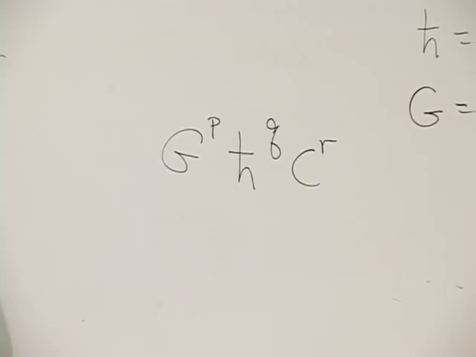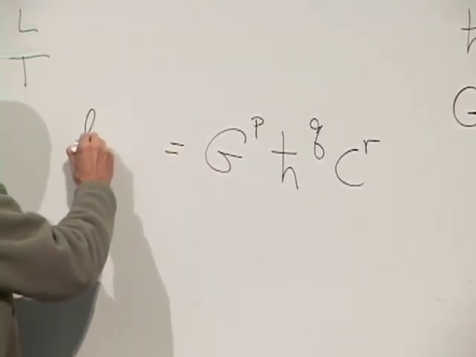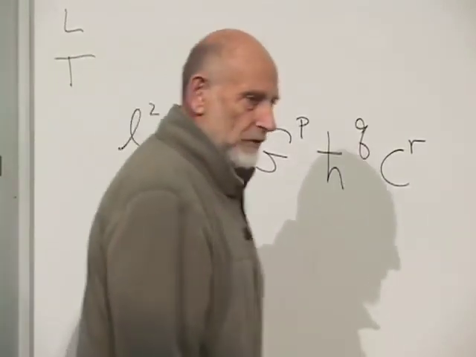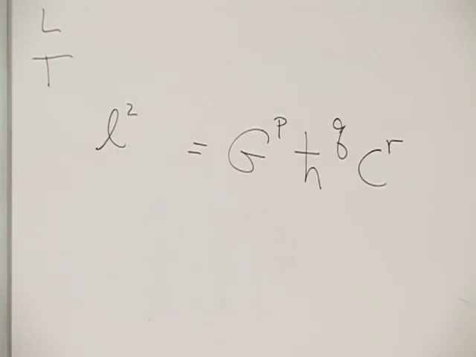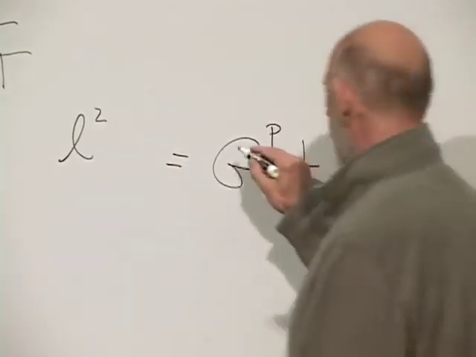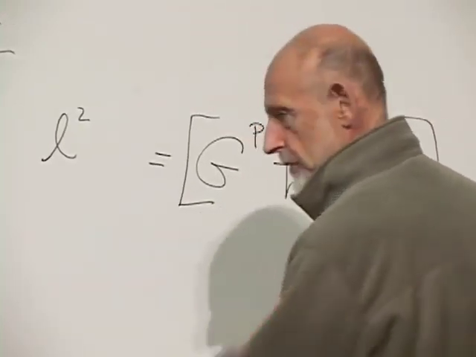I'm going to choose length squared. Let's say has units of length squared. Now this doesn't mean it's equal to length squared. It means it has the same units. Sometimes people put a bracket around a thing like that to indicate its units.